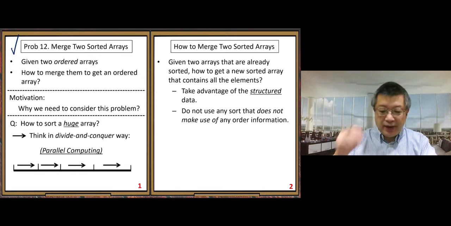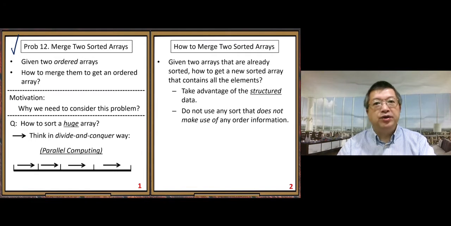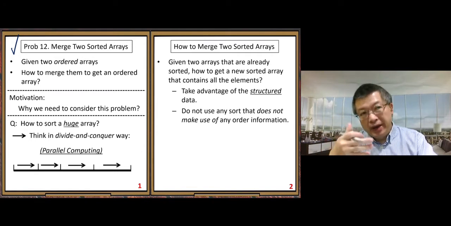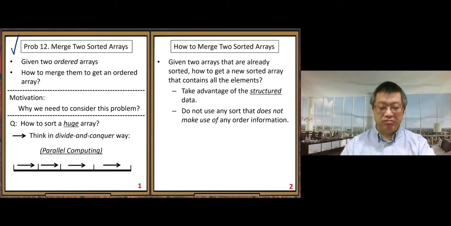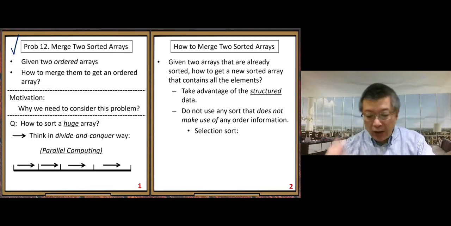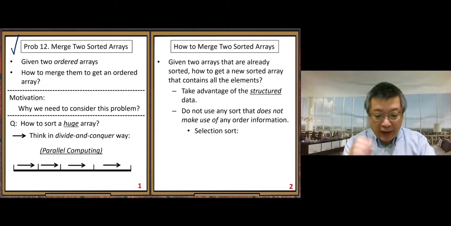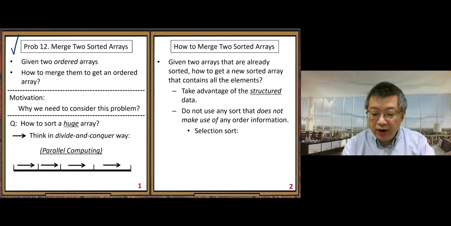Here, let's look at the sorting algorithms we have learned at this point. Which one is likely to be useful for our current situation? We do not want a sort that does not make use of any order information.